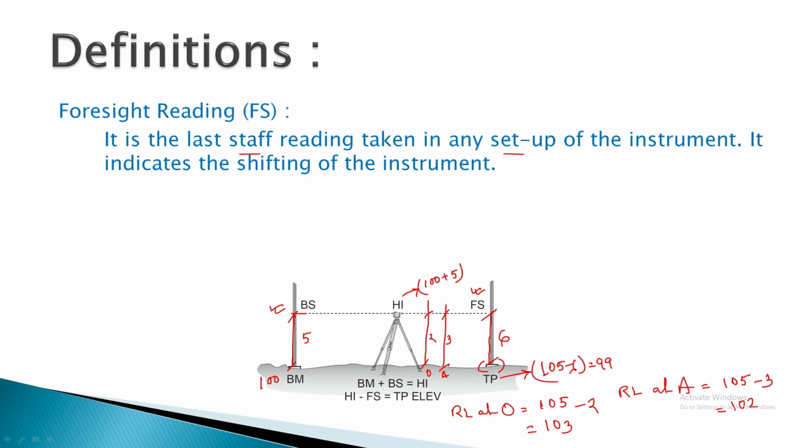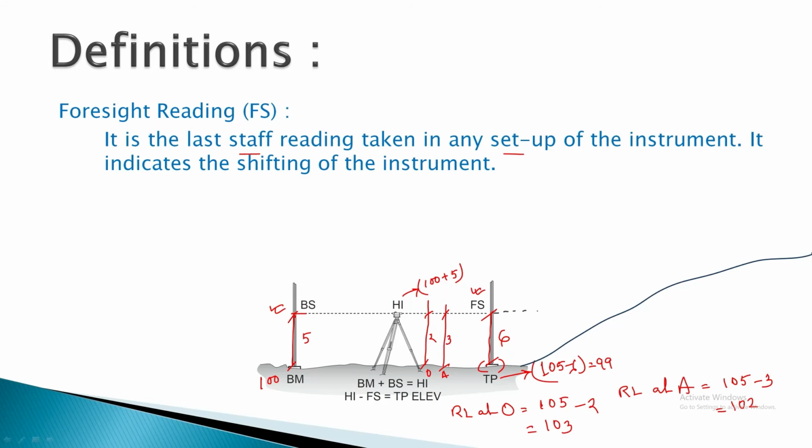Now the question is, why do we need to shift the instrument? Actually, if you consider this surface, it is not very much undulated. If the surface is something like this, I am showing, then the line of collimation passes through this line, right?